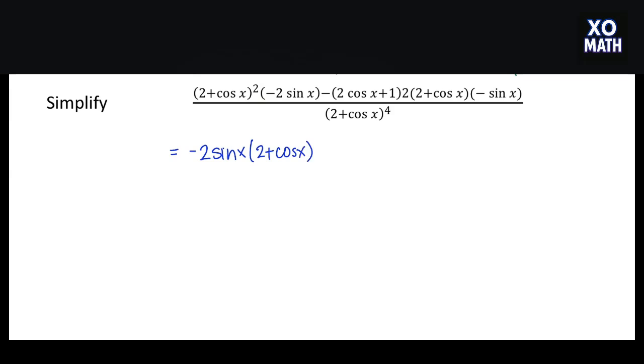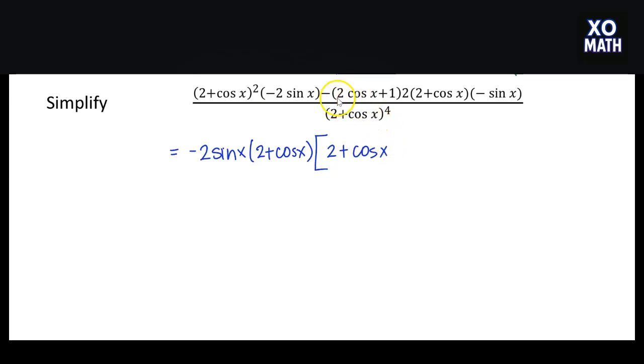That's all they have in common, so let's see what's left over. Well, I took out the negative 2, the sine x, and one copy of 2 plus cosine x. So there's one copy left. If it's just one copy, there's no need for parentheses around it if it's to the first power.